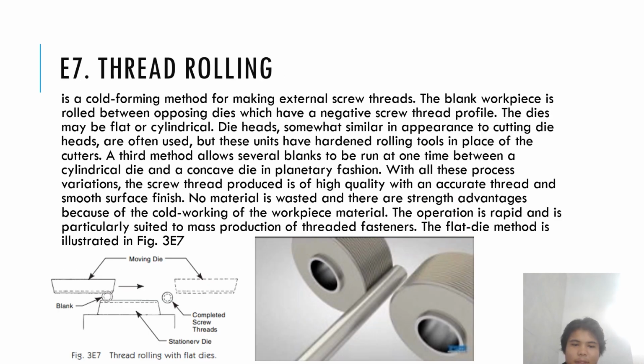Thread rolling. Thread rolling is a cold forming method for making external screw threads. The blank workpiece is rolled between opposing dies. As you can see here, this is the blank, this is the stationary die, and this is the moving die. So this is the work part. It's going to be rolled, and it's going to leave some thread marks, as we can see here.